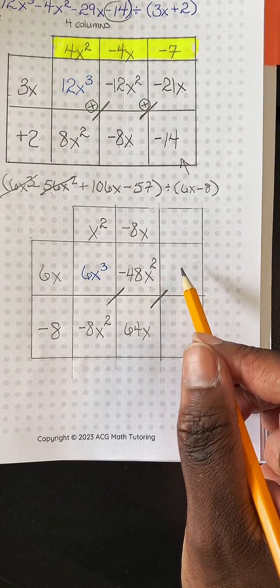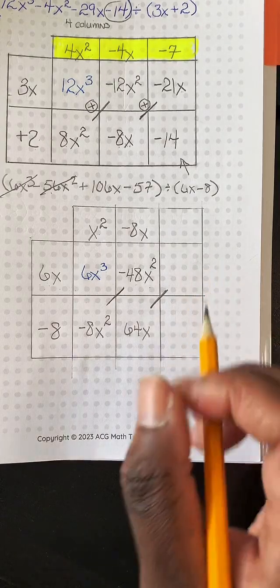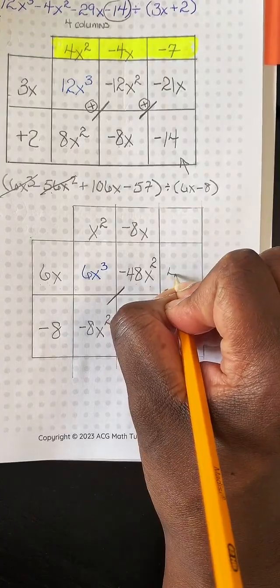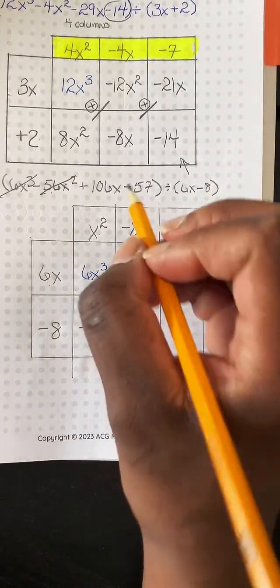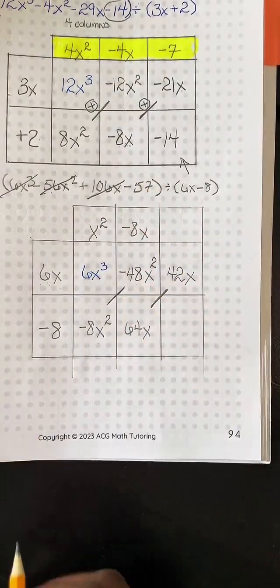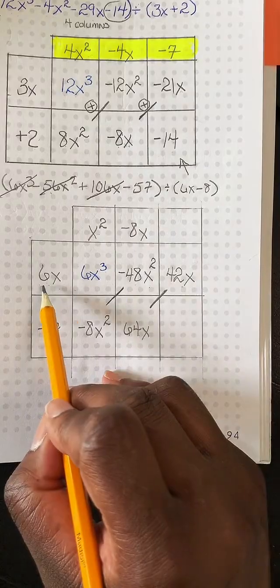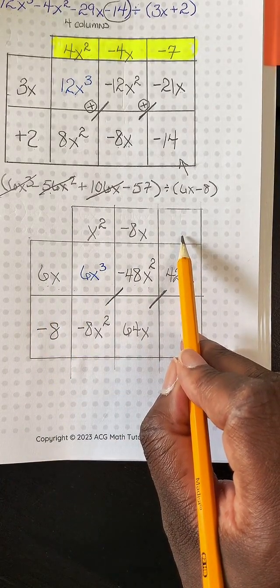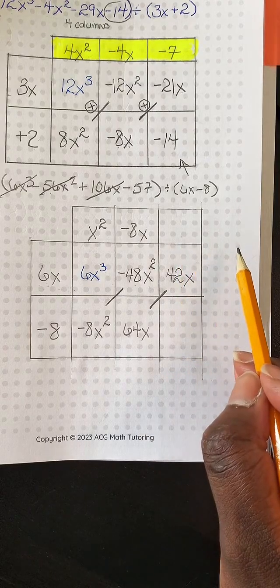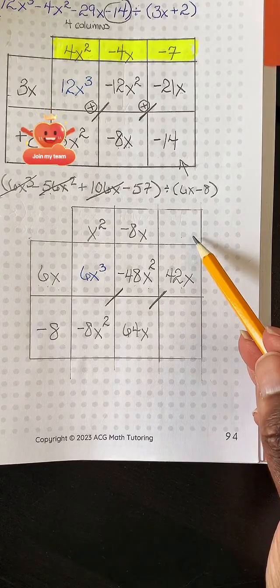Switch it up to positive 42. So we got our 42, just need the x. So we're done with that. 42x divided by 6x will give me what? What should go inside this top box?